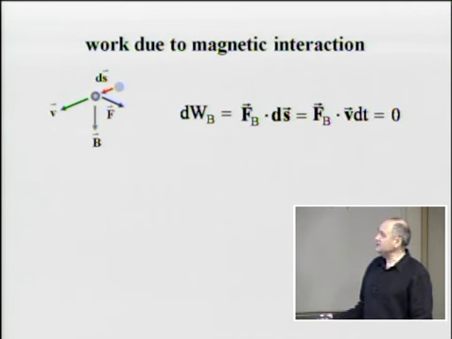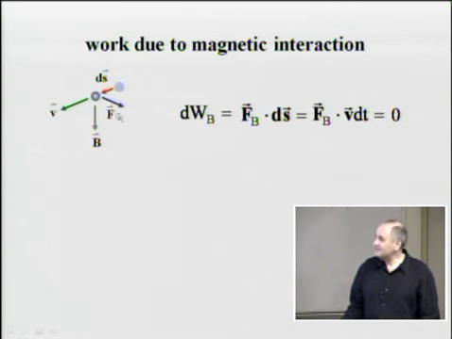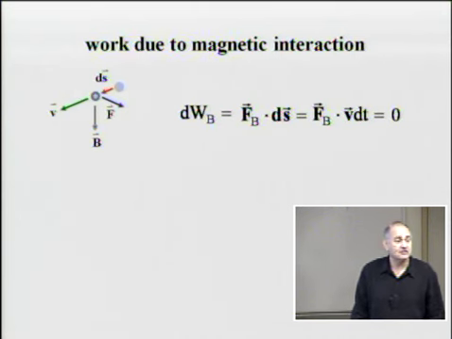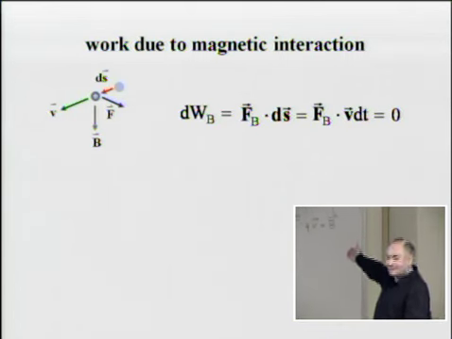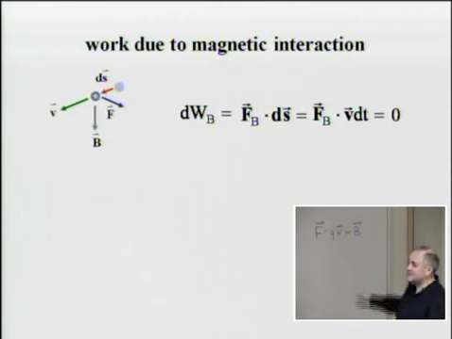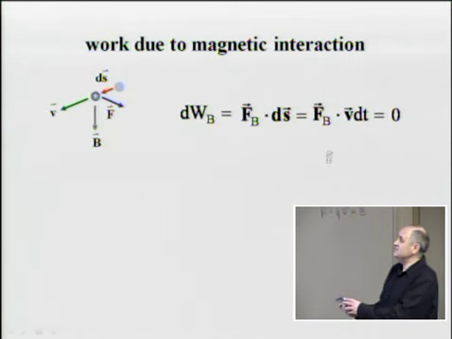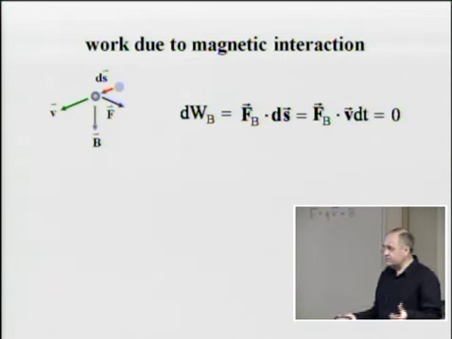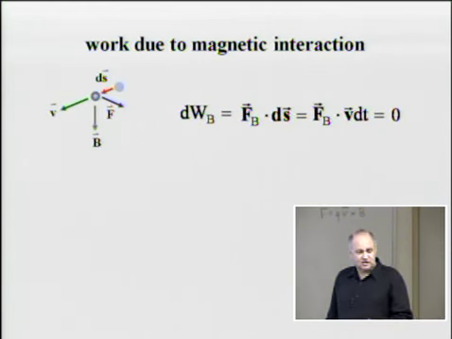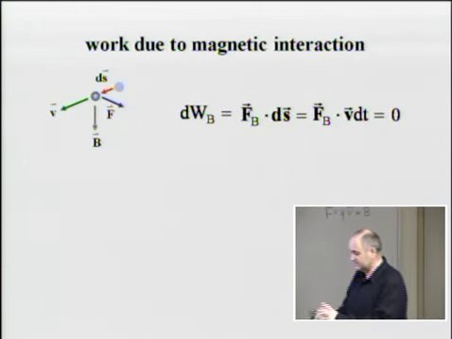Now, what's the angle between magnetic force and velocity? 90 degrees. On the drawing it is 90 degrees, but I made the drawing, so is it always 90 degrees? Yes. Right? Because of this formula over here. Magnetic force is always perpendicular to velocity, which means that the scalar product is 0. So work performed on a particle due to magnetic interaction is always 0.